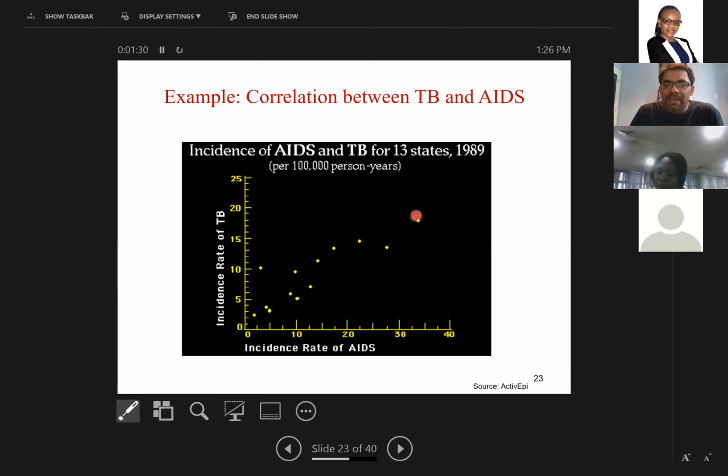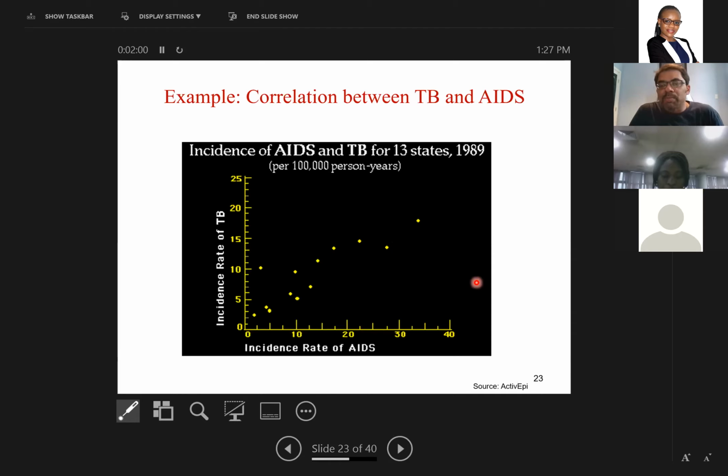I don't know which state it is, but for that state, the incidence rate of AIDS per 100,000 person-years is given here. The incidence rate of tuberculosis is that, right? So that's for state 1, state 2, state 3, state 4, state 5, and so on and so forth. If you just had 2 pieces of information on each state, you're ready to make this particular plot.